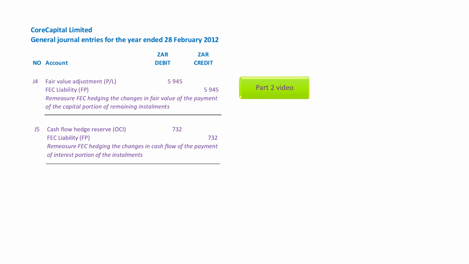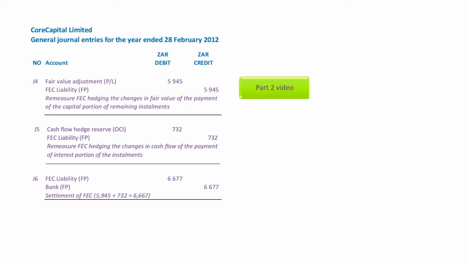Thus, as at 28 February 2012, when an installment is paid, on this date, you also need to settle your FEC. And the value that you have of 6677 in Journal 6 is equal to the sum of the two journal entries above. Are we done yet? Are these all the journals that we need to respond? And the answer is no.